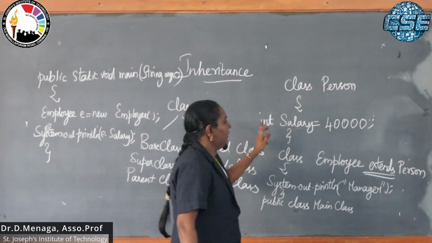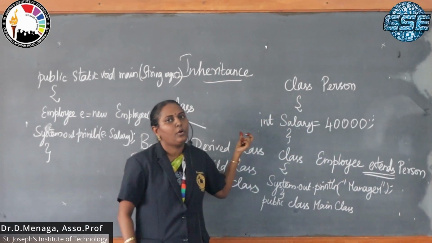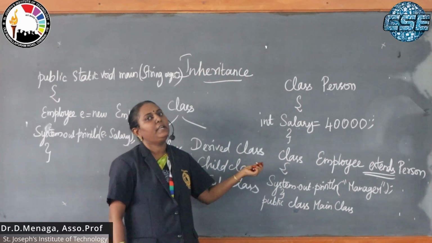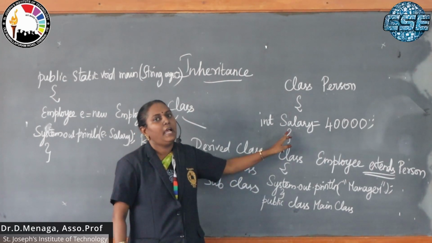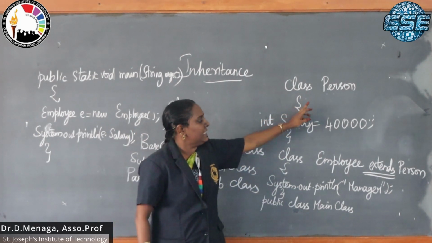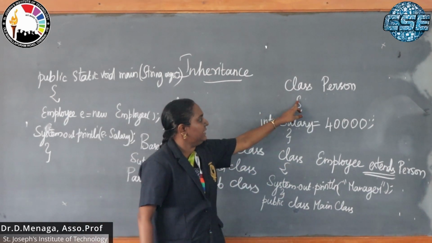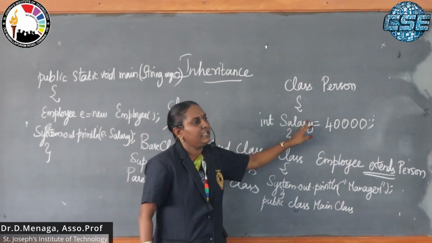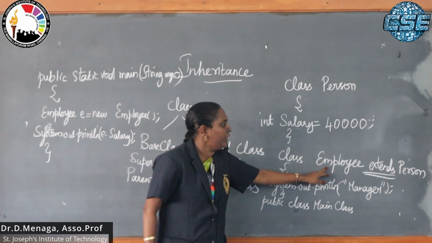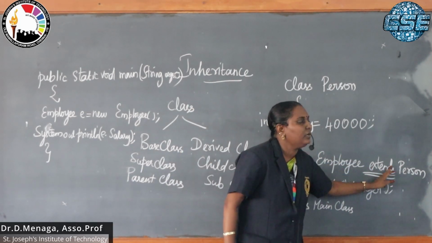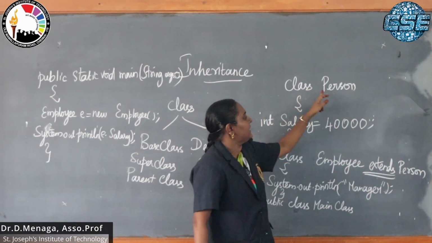Got it? So inheritance is nothing but the concept of acquiring the properties and methods from a base class. Here, the class person has a variable salary with the value of 40,000, and employee is extending the characteristics or properties of the class person.